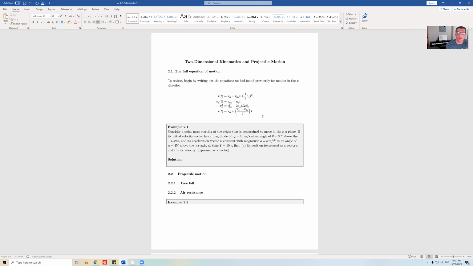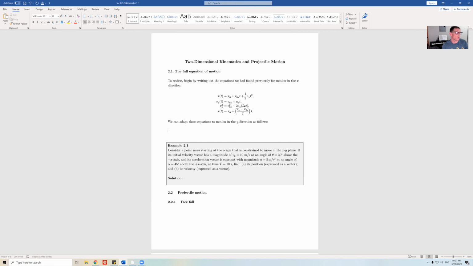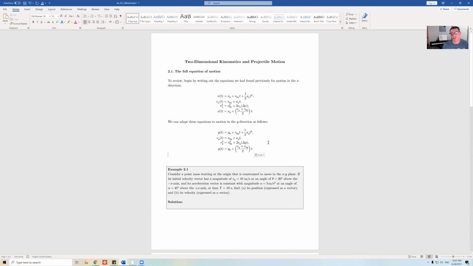So I'm going to say we can adapt these equations to motion in the y direction as follows. This is kind of new, but it isn't, because all I'm going to do, as you will see, is change all the x's to y's.